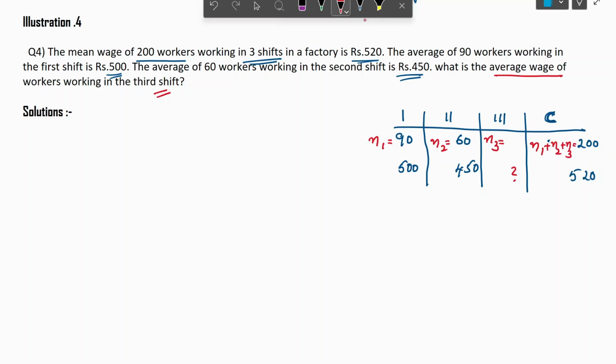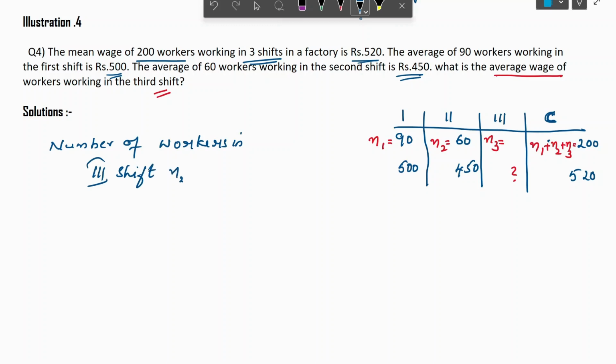The total number of people in the 3 shifts is 200. Now, what is going to be N3? Therefore, first calculate N3. How do you calculate it? That one is easy. Therefore, here I'm just writing the number of workers in third shift.